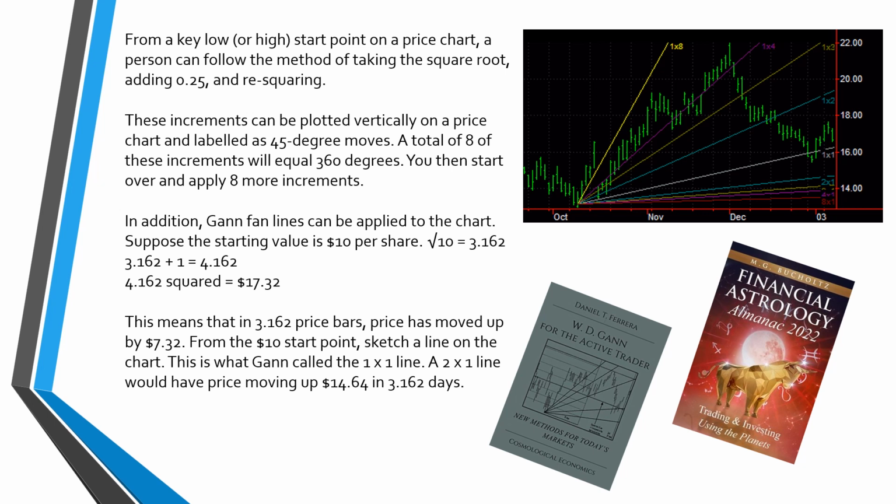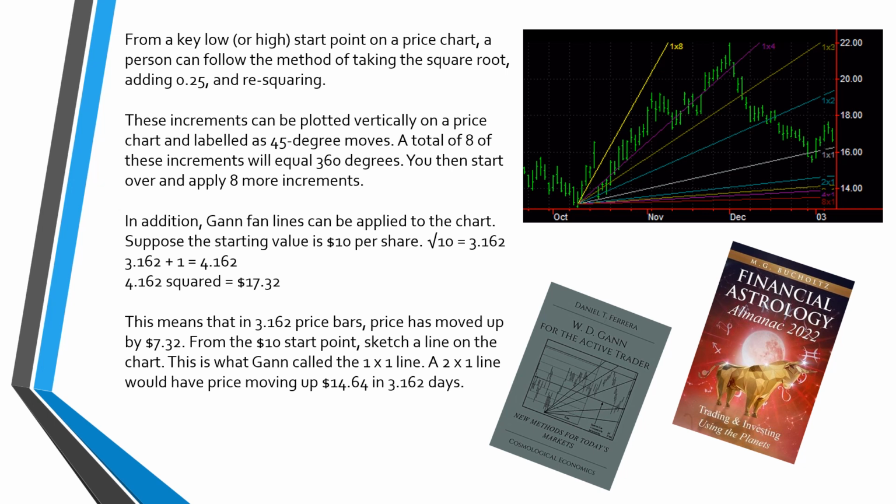And we can plot a total of 8 45-degree incremental moves, and 8 times 45 is 360. And so we can then also on that chart overlay some square of 9 price intervals.